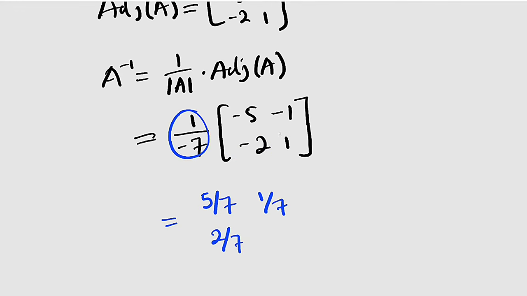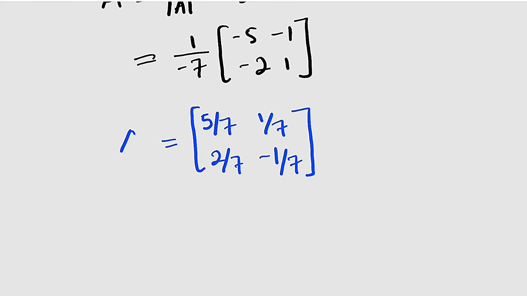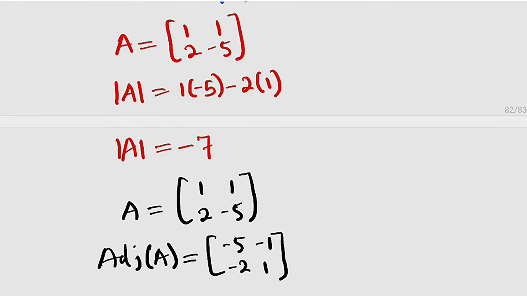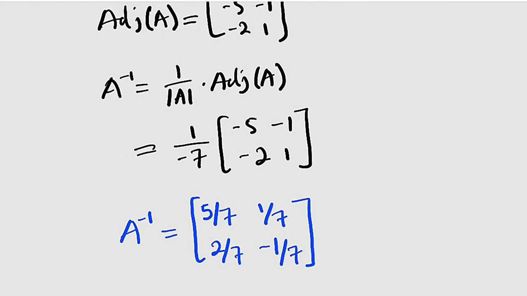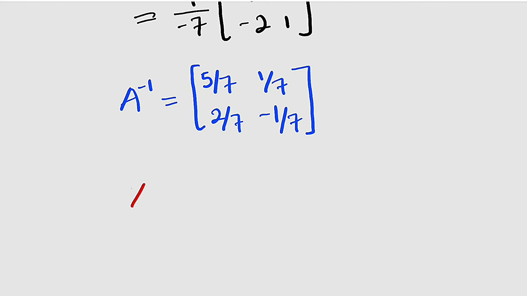And lastly, this times 1 will not change it. We have negative 1 over 7. So this is said to be A inverse. But what is x? Remember, x is equal to A inverse times b. We are looking for x, which is A inverse multiplied by b.